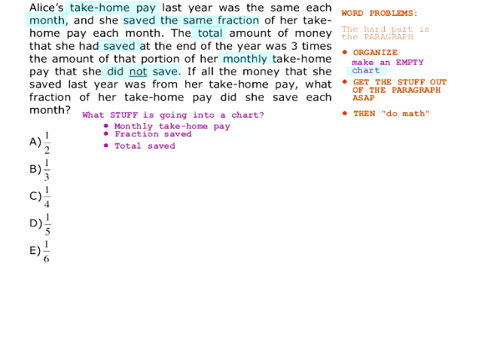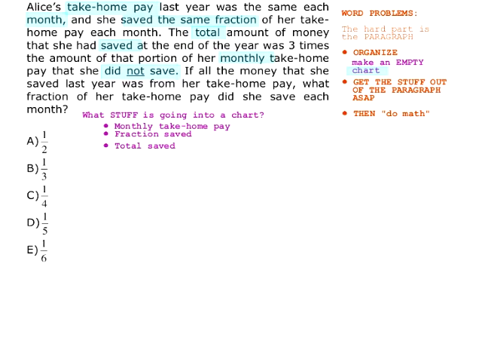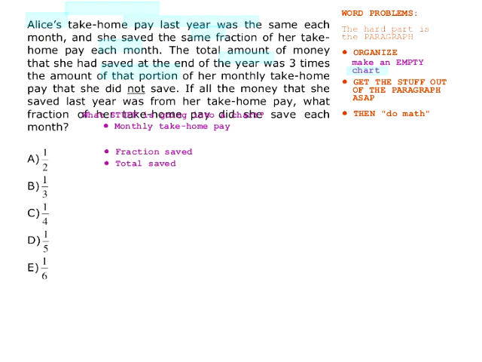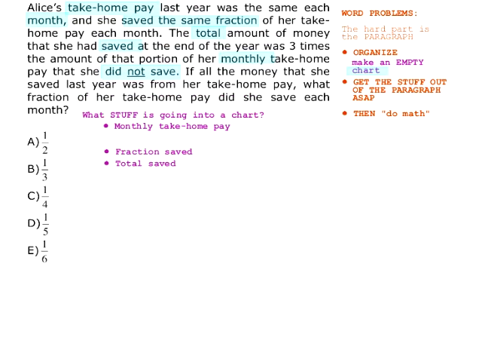So let's put that up there with the monthly take-home. Might as well put all the monthly stuff together. So you also have the monthly not saved. So even though this is not listed in there, we're going to want the monthly saved too.